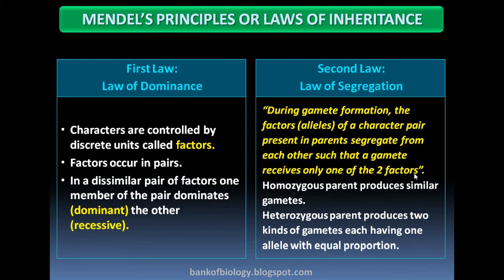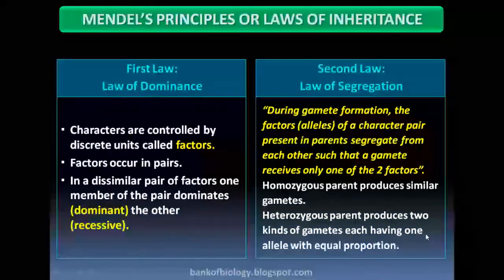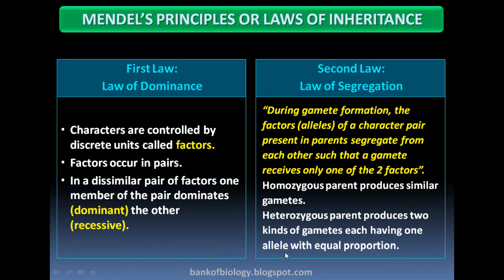But if we have capital T and small t as the genotype, then the gametes will have one allele each in equal proportion. That means capital T in one gamete and small t in another gamete. So homozygous parents produce similar gametes, whereas heterozygous parents produce two kinds of gametes, each having one allele, in equal proportion.